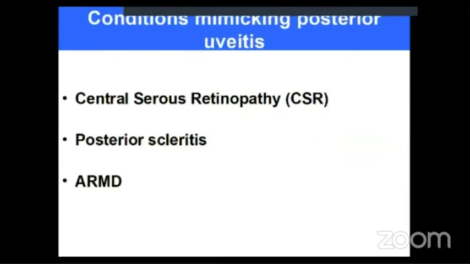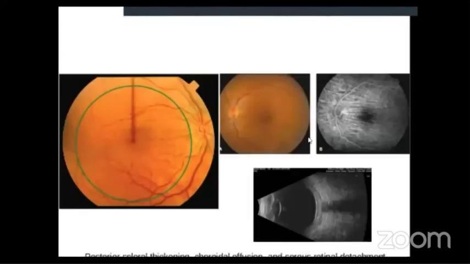Should also remember central serous retinopathy, posterior scleritis, and ARMD, which can have signs and symptoms related to uveitis. Posterior scleritis with diffuse choroidal folds, which can only be confirmed by B scan.